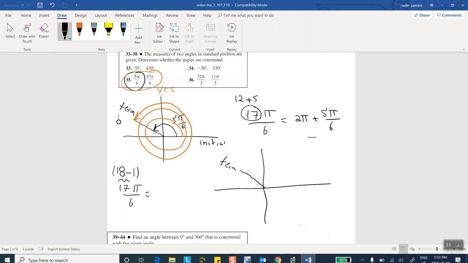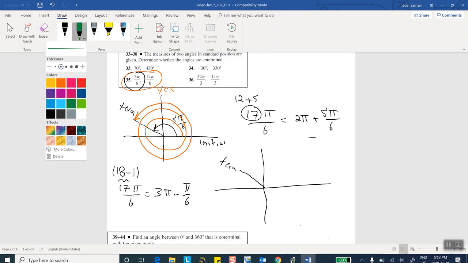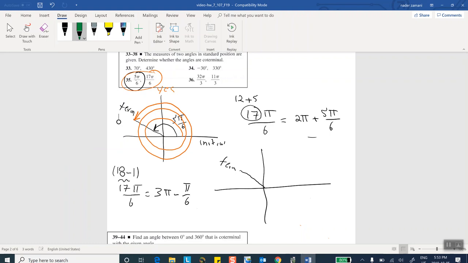That means this is equal to 3 pi minus pi over 6. So let's see, where does that take me? Let me use a different color here, green. 3 pi means you start at the initial side, you go by 3 pi. So this is 2 pi, this is 3 pi, one more pi, and then you backtrack in the clockwise direction like this, and you end up here. So the correct way of drawing this latter one, as a matter of fact, would have been like this.